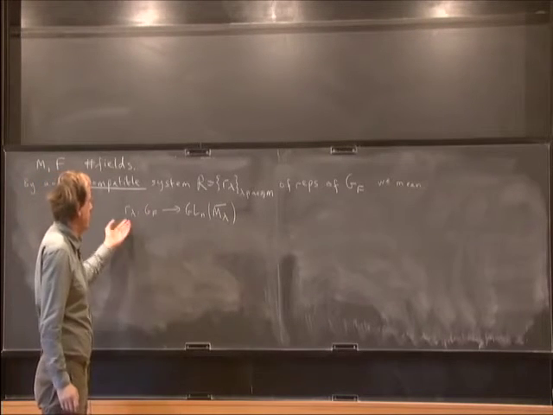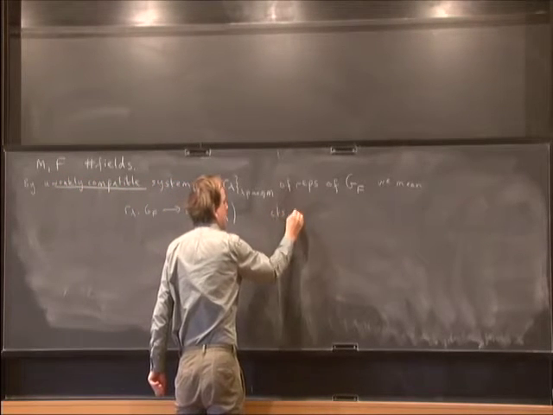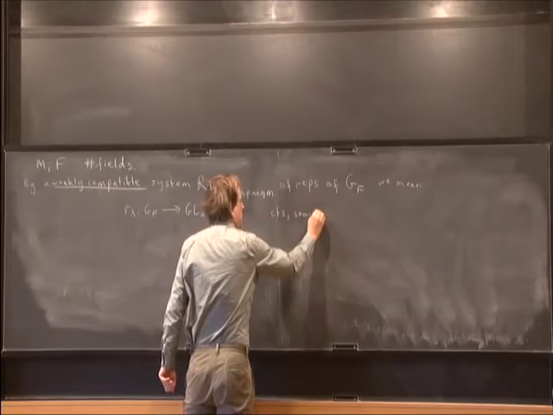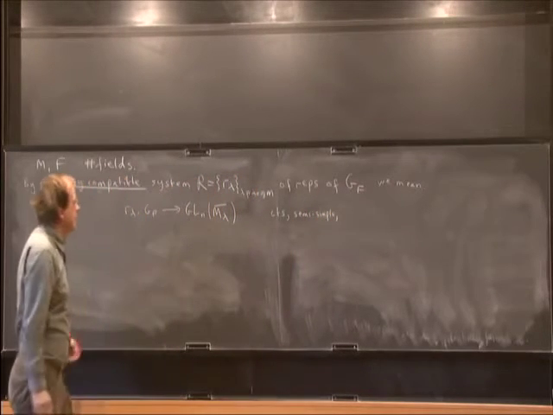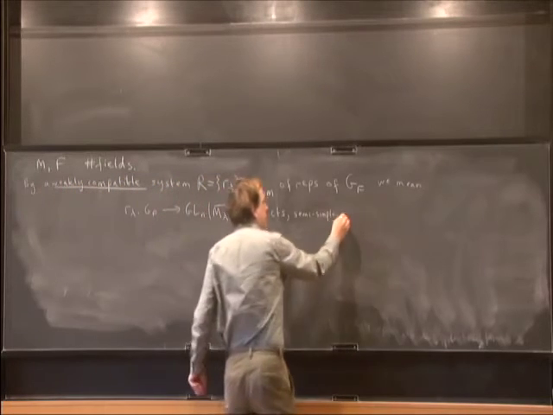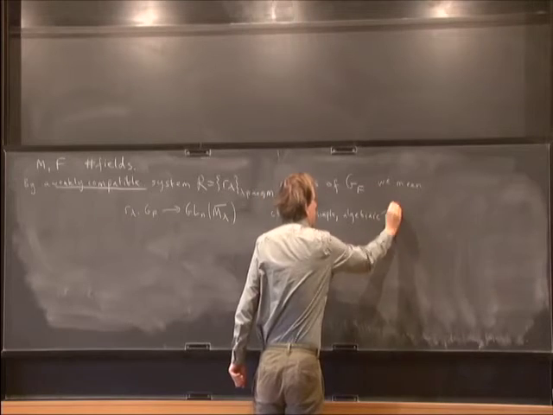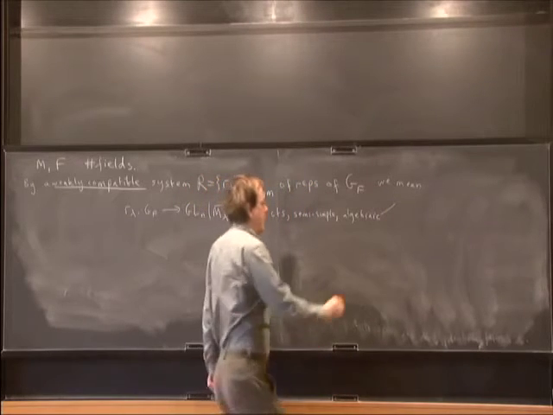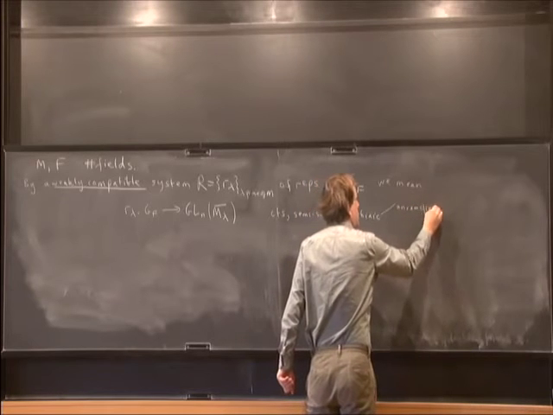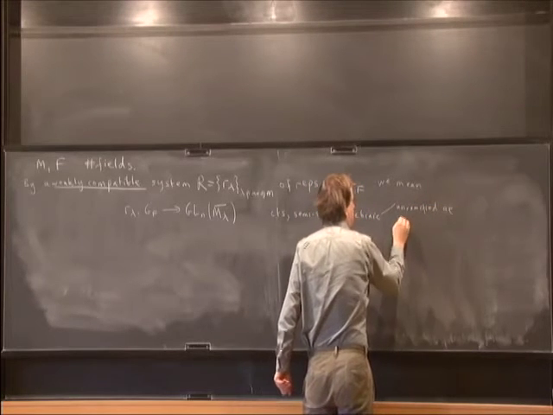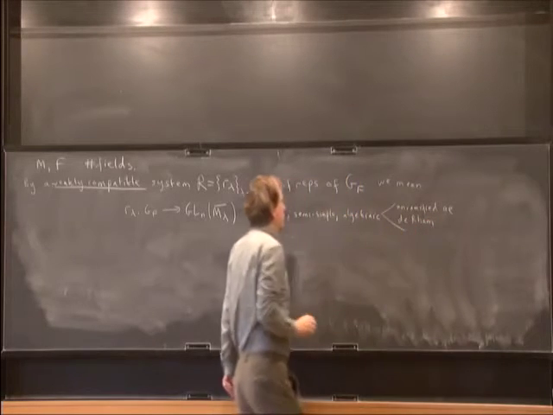And this should be of the sort we've always been discussing: continuous, semi-simple, and algebraic. Remember, by algebraic I meant that it's unramified at all but finitely many primes, and de Rham at all primes above the residue characteristic of lambda.